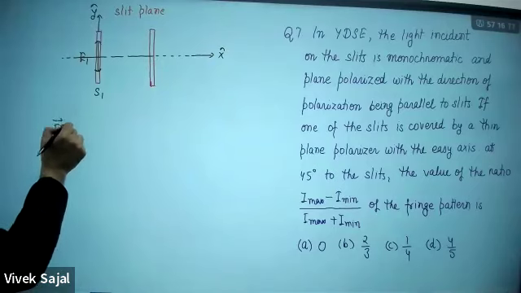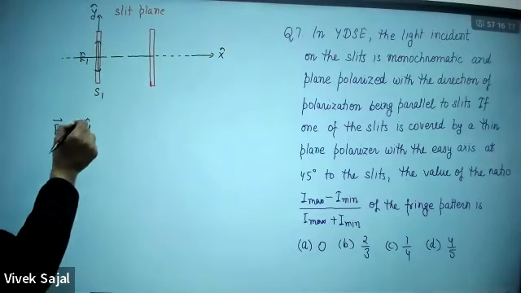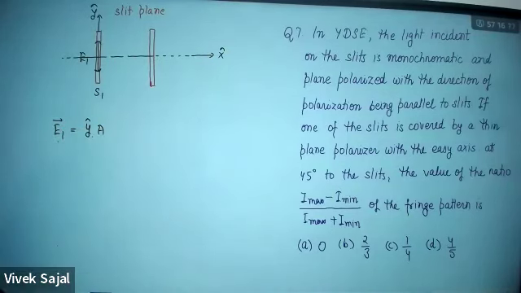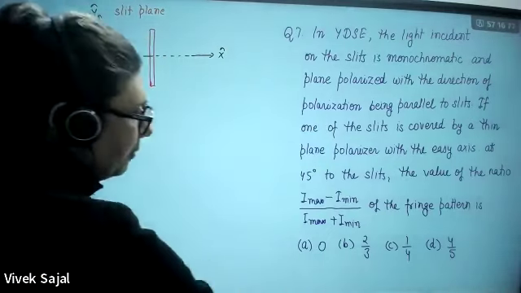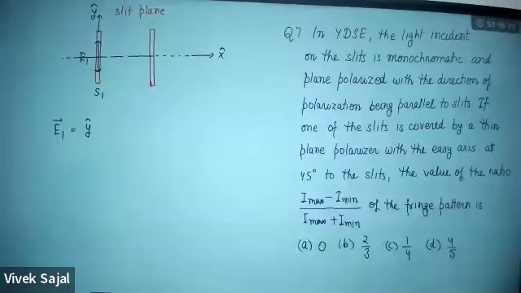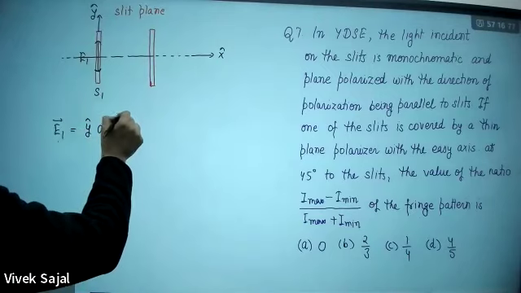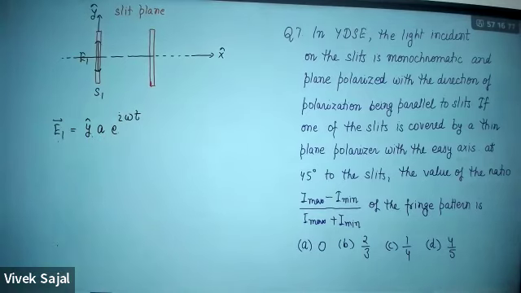This is the E1 vector. It is oscillating in the Y cap direction, so I'm writing Y cap here. Suppose its amplitude is A1, or A, whatever you want. You can write it as A e to the power iota omega t. So this is E1.